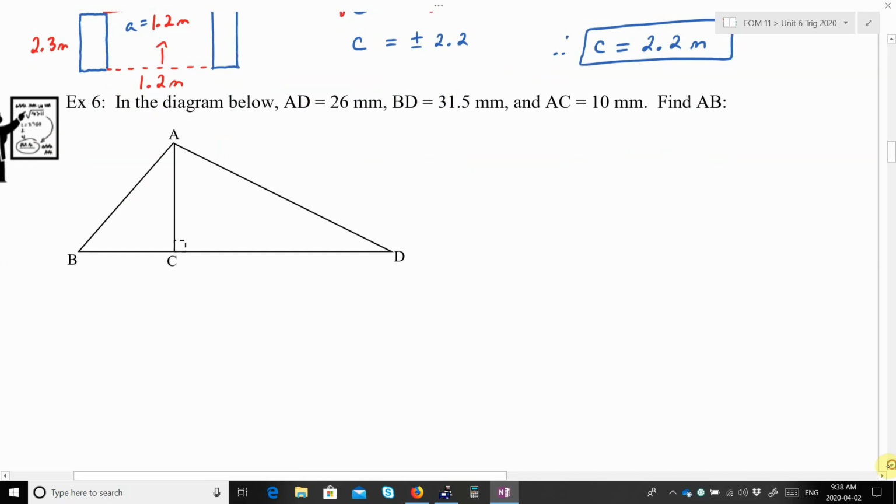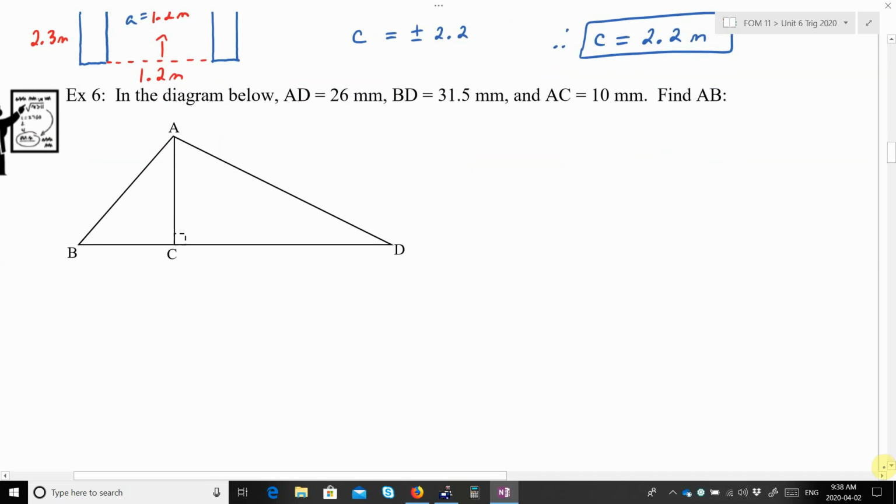All right, and finally, example 6. In the diagram below, AD is equal to 26 millimeters. So if you go from A down to D, they are saying that that is 26 millimeters. BD is equal to 31.5 millimeters.